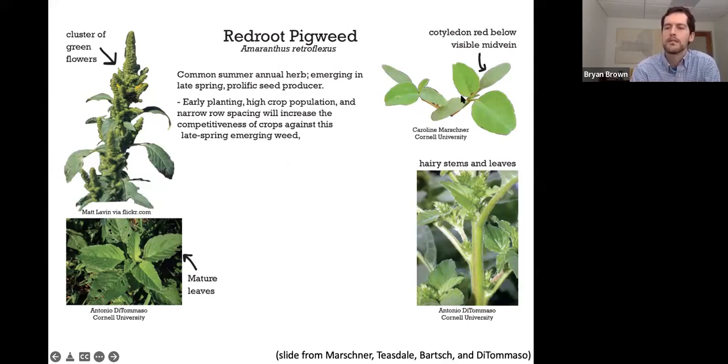The cotyledons, when they're young, have a visible midrib, unlike some of our other weeds. They look a little bit like a common lambsquarters when they first emerge, but a darker shade of green. And the cotyledons are not directly opposite each other. They're a little bit closer on one side, kind of a slant. Red root pigweed is covered in hairs.